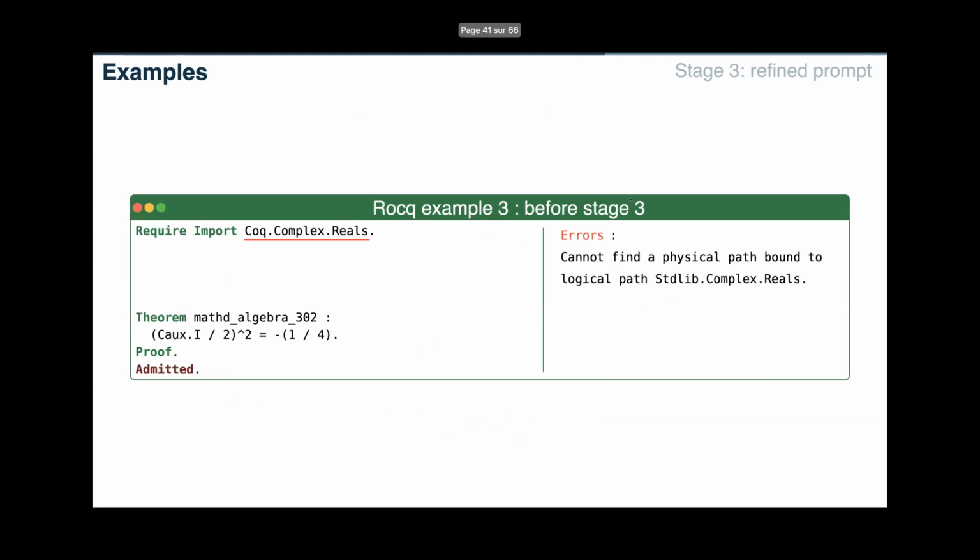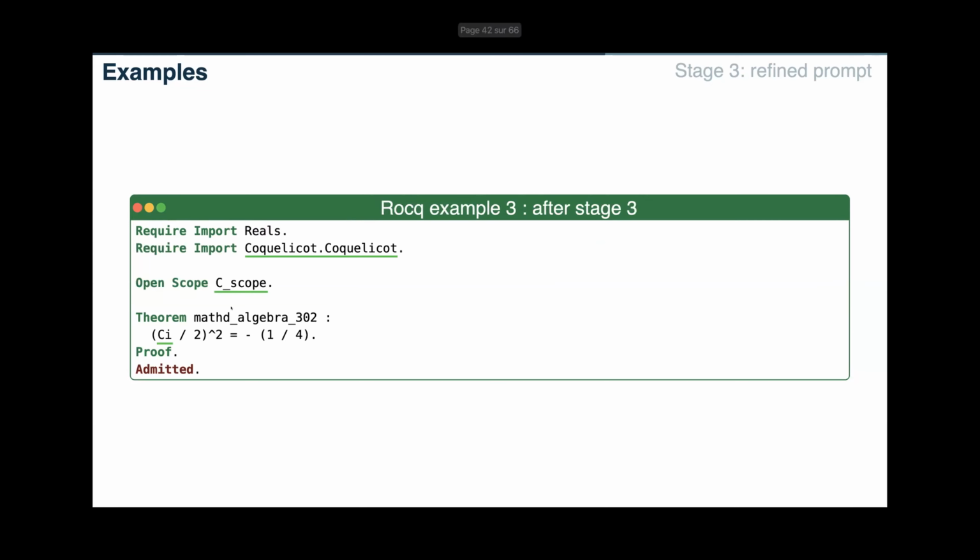For example, as I showed you, before stage 3, the model was making up some nonexistent libraries for complex numbers. After this, it was successfully using the Coquelicot library.